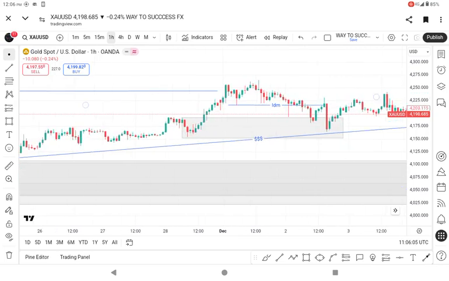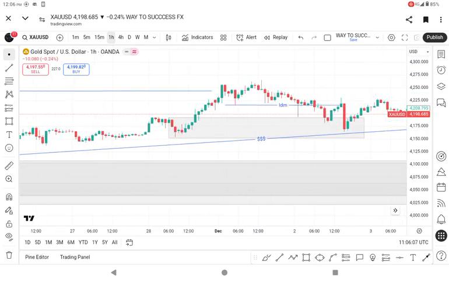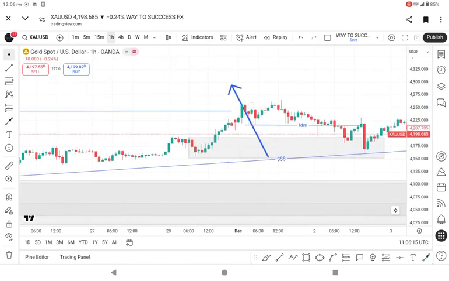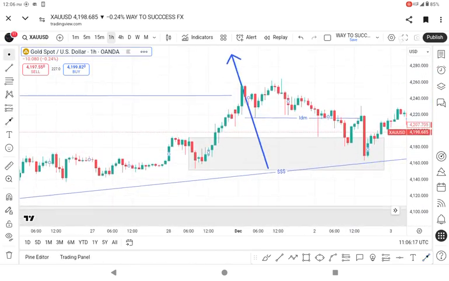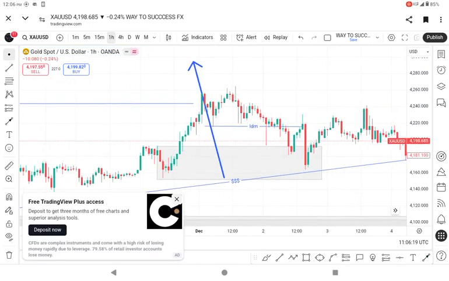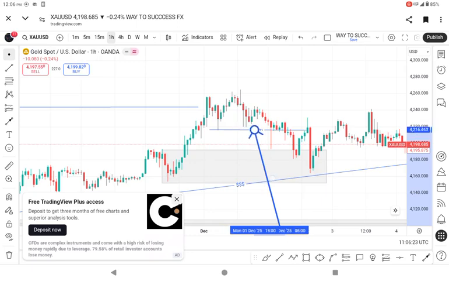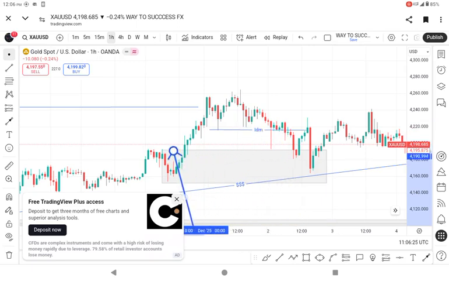So if I zoom out to see what we are trying to analyze here, this is what we have. Price took out this inducement, tapped into this demand zone that is here.